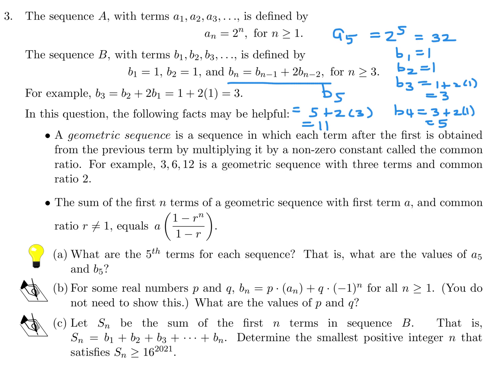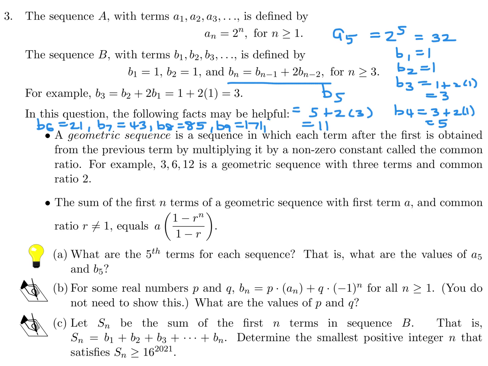So B5 is 11. And if you follow that, I don't know if this is required, but you can just do that. B6 ends up becoming 21. B7 is 43. B8 is 85. B9 is 171, and so on.